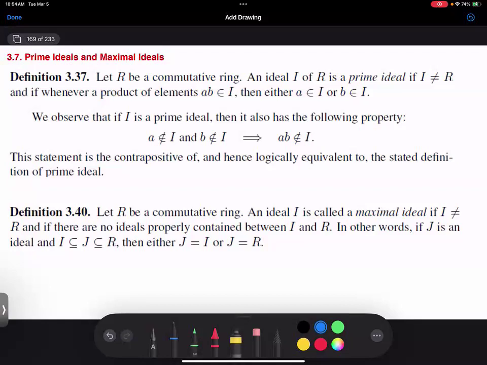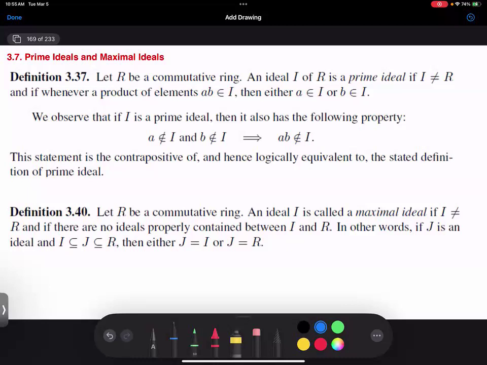This should remind you a lot of something we've had before when we were looking at just regular integers. This is if a prime divides a product, and I think I referenced the paper I wrote with Professor Silva. So if I give you two numbers and I multiply them, and the prime divides the product, then either the prime divides the first or the prime divides the second. What kind of OR is this?